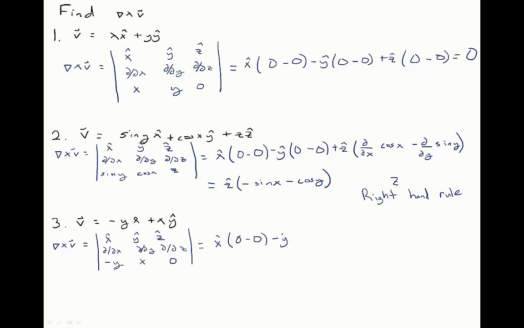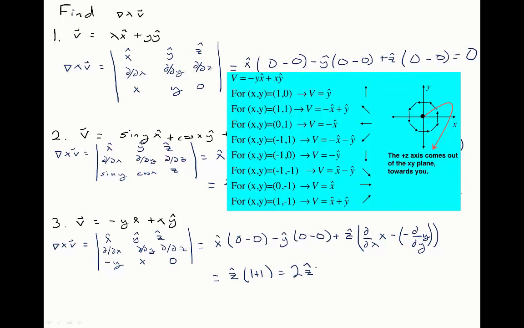Last one. This one has a lot of the same 0 patterns as the last one. Minus negative. Okay, so we end up with z hat times 1 plus 1. So the curl of this field is positive 2 z hat.